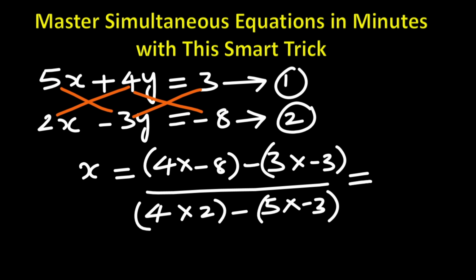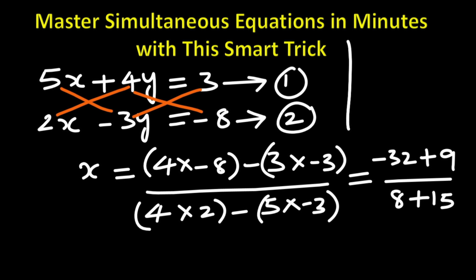Now let's simplify this. 4 times negative 8, it's going to be negative 32. And then again minus of a negative number, that becomes plus. 3 times 3 is 9, divided by 4 times 2 is 8. Again the minus of a negative, that becomes positive. 5 times 3 is 15.